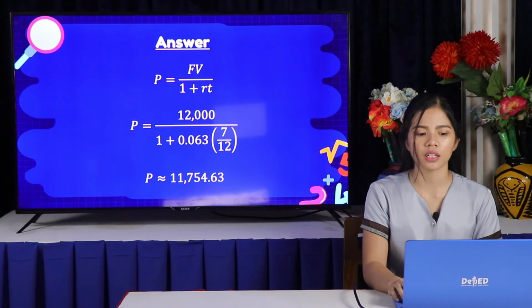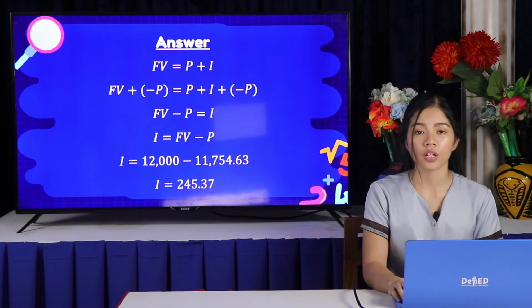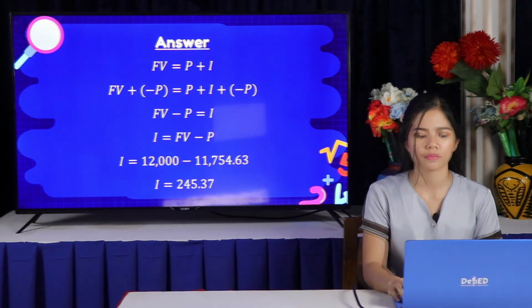P is approximately equal to 11,754.63 pesos. Thus, Neil must look for someone who wants to borrow at least 11,754.63 at present to raise 12,000 pesos in 7 months.